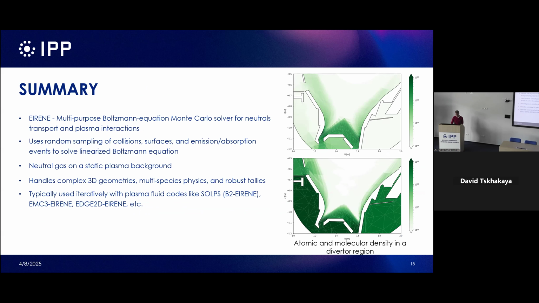It's typically used in conjunction with plasma fluid codes like SolPS ether, where they iteratively converge until some self-consistent solution for the scrape-off layer. I think that's all. Thank you for your attention.